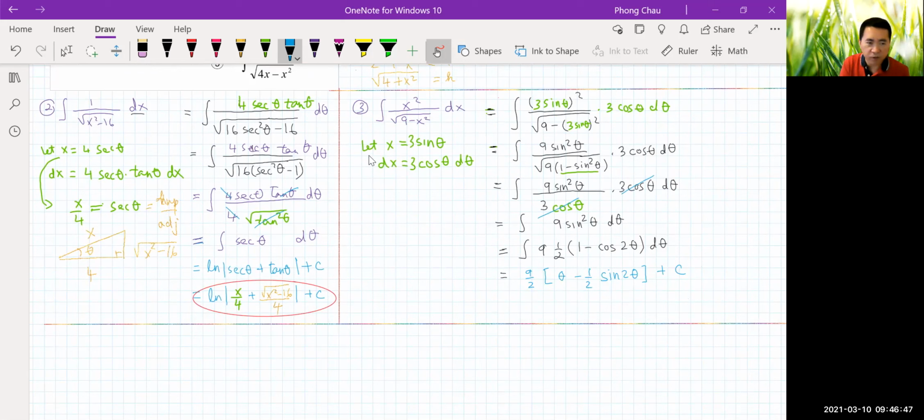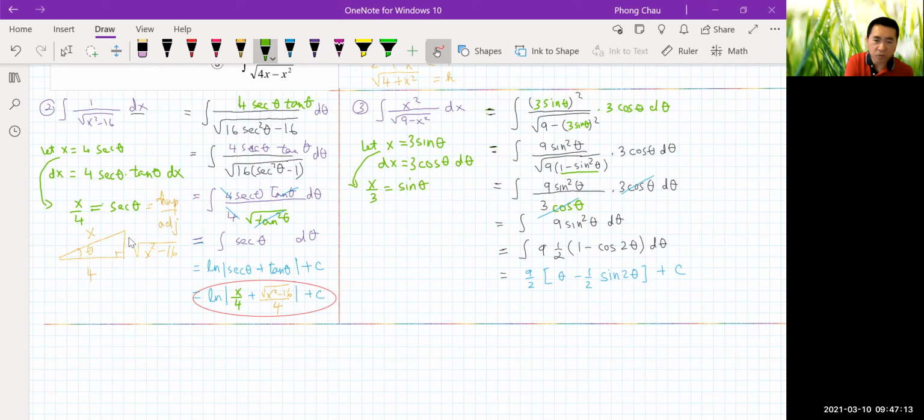Notice the relationship between x and theta: if you go back up here and look, x is 3 sine theta, right? So then I know x over 3 is equivalent to sine of theta, right?